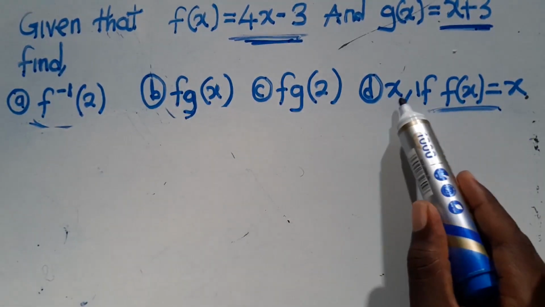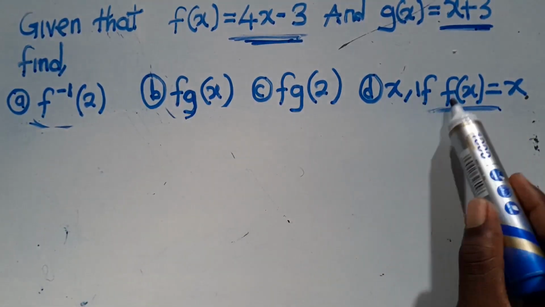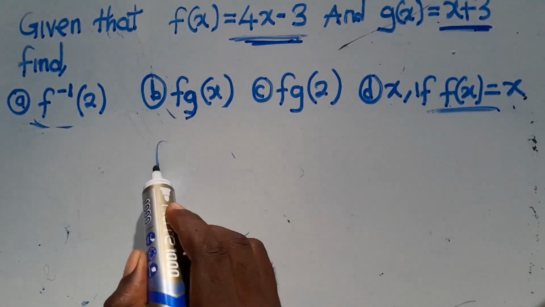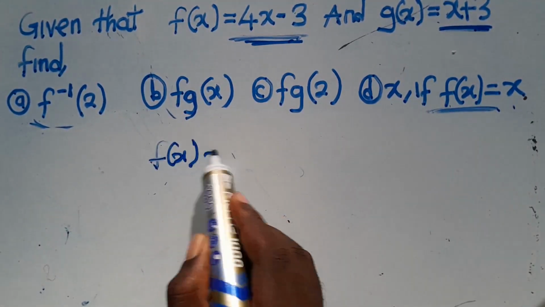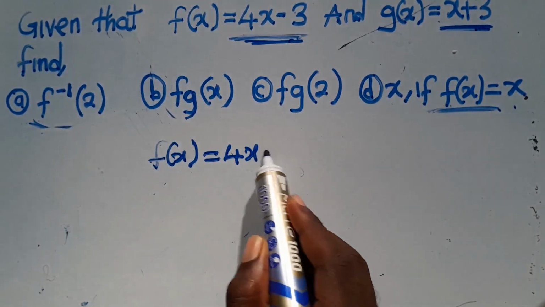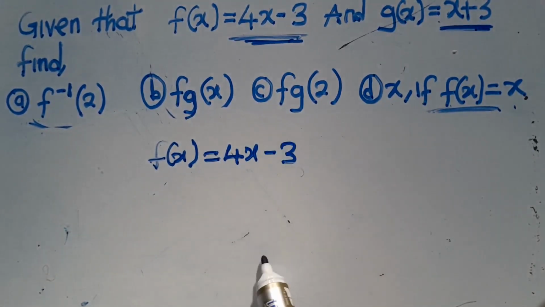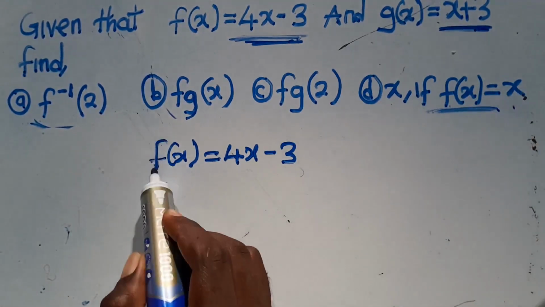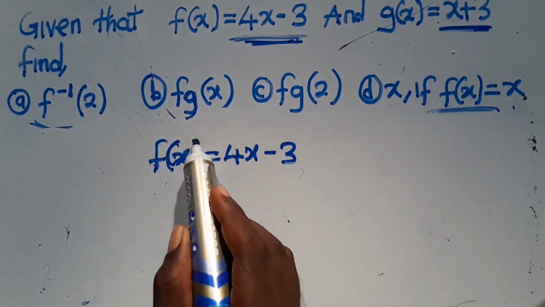They are telling me to find x if f of x is equal to x. So I get the function f of x is equal to 4x minus 3. This is what I'm given. Then I'm told that f of x is equal to x. This part here is equal to x.